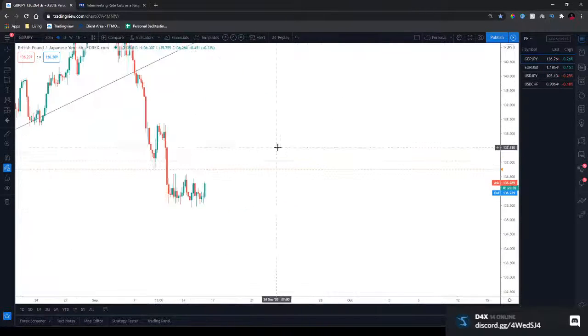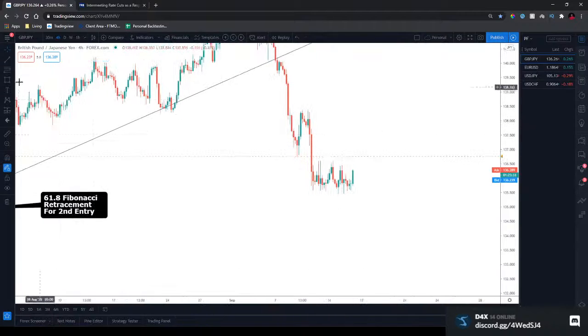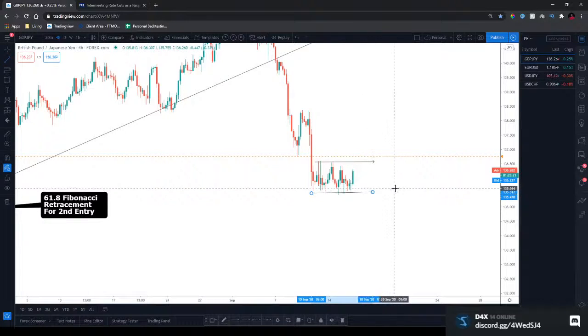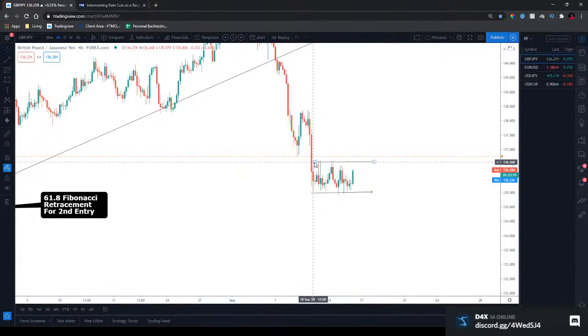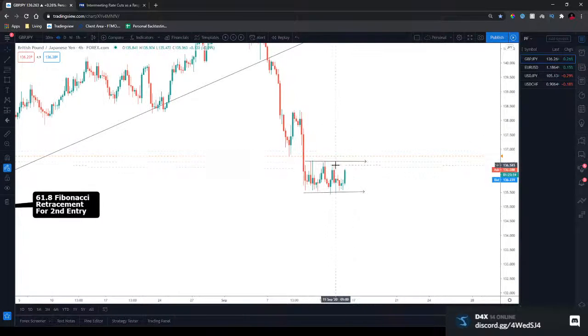GJ is honestly another pair that I've been interested in. It hasn't hit my alert, so that's why it hasn't been added to my active trading list and substituted for one of the ones that I haven't entered yet, like Euro USD. But I would like to see price push up to my alert and then sell off from that zone.